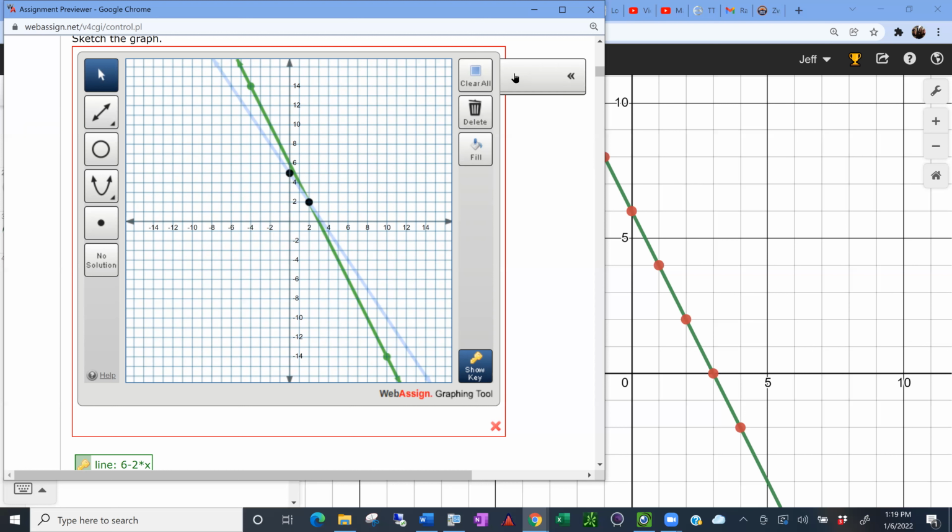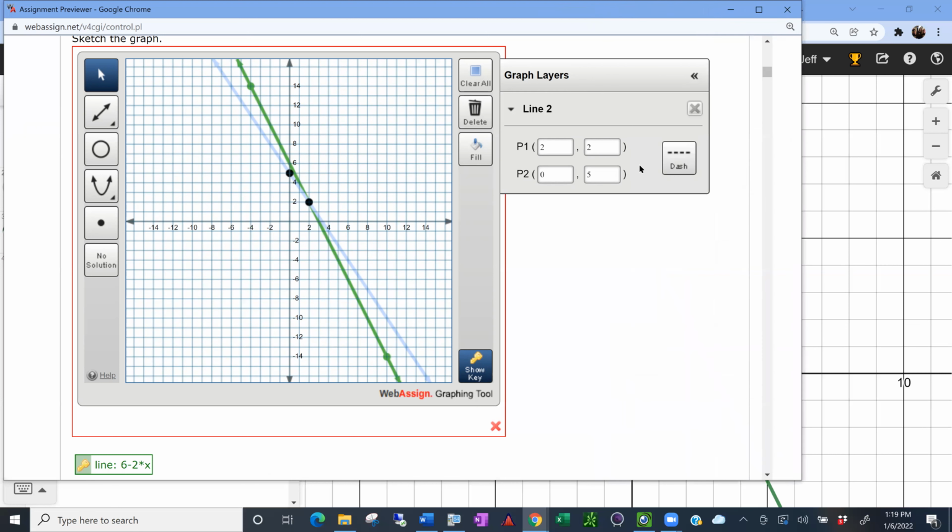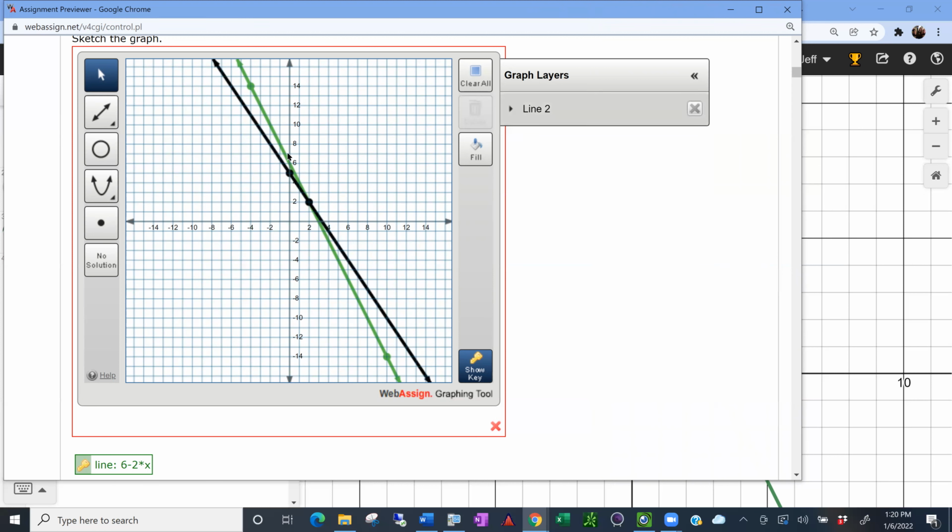Now I can look at that line and make sure that it has the correct points that I wanted, 2, 2 and 0, 5. If I was off by a little bit, then I could correct that here. Maybe I make that a 4 or a 3 or whatever I need to do. I can change that. Let's move it back to 5. And I close that, and there's my line. Beautiful.